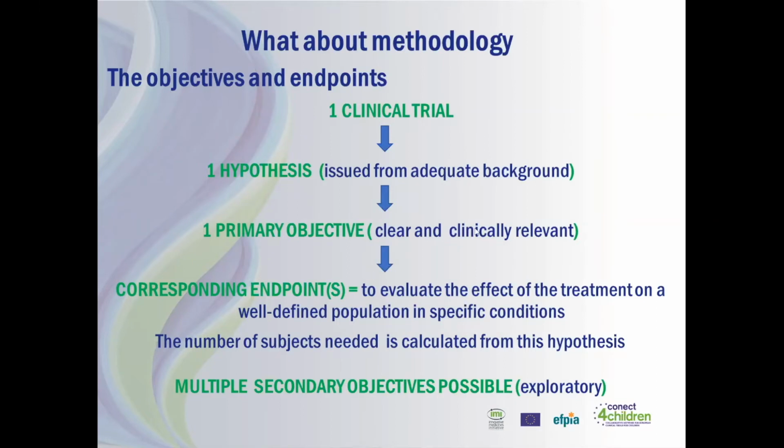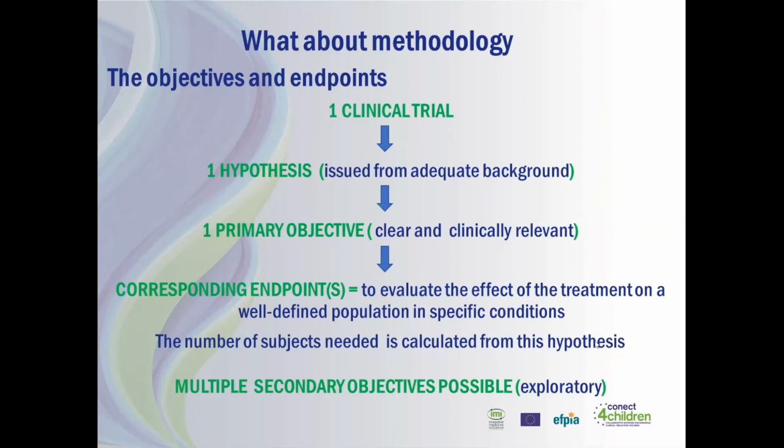You have one primary objective because you want to answer one question at a time, usually. So this objective should be clear, clinically relevant, important for the patient too. And to measure it, you need a corresponding endpoint or several endpoints to evaluate the effect of the treatment if we talk about efficacy.